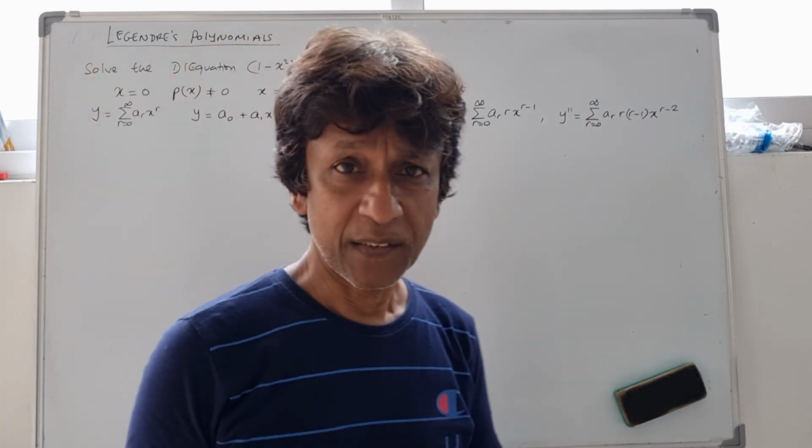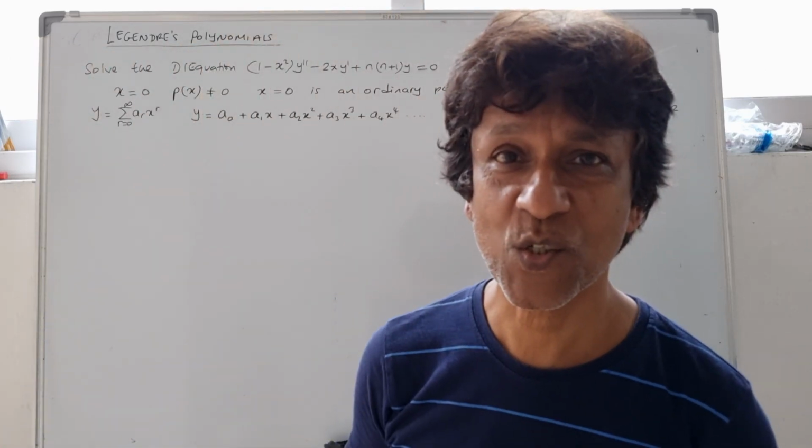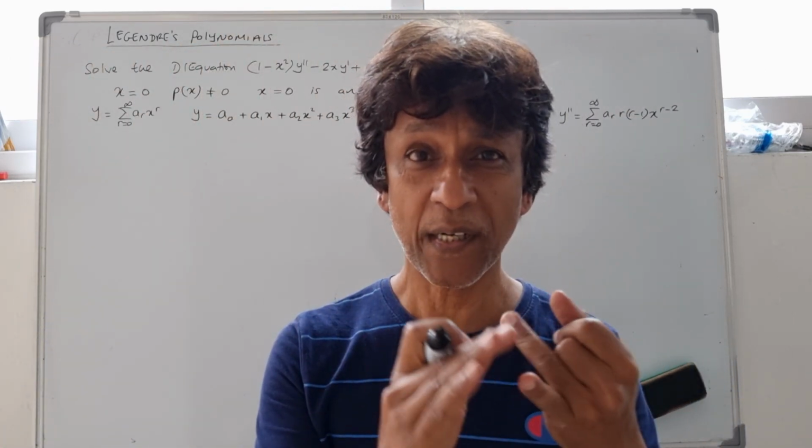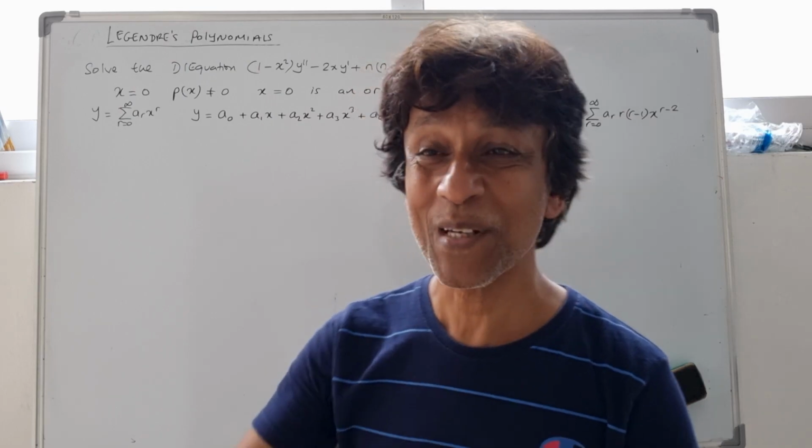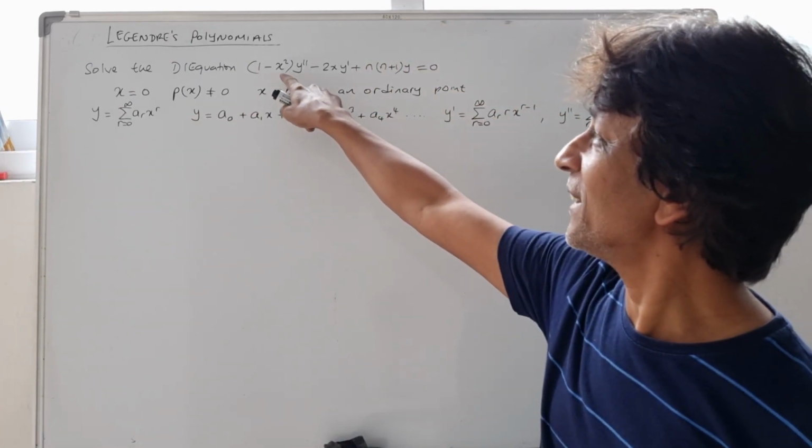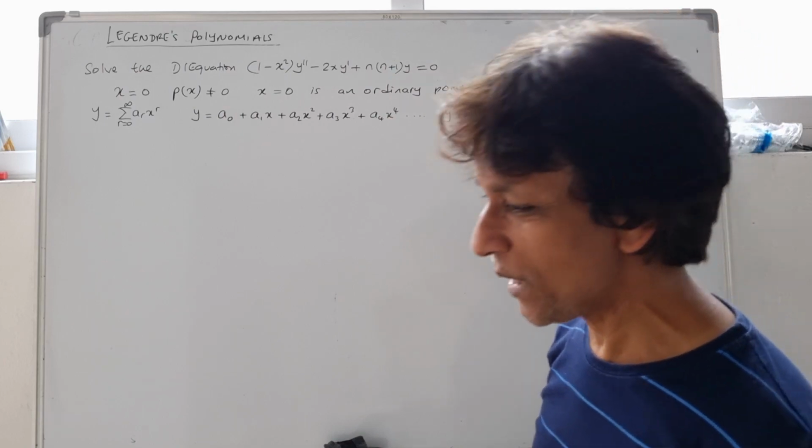Having differentiated the series twice, what we're going to do now is take y prime and y double prime, and substitute all of that into the original differential equation.